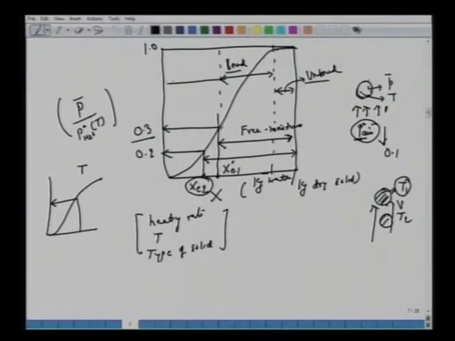So what is unbound moisture? Till you have the vapor pressure same as the vapor pressure of pure water. So this is a region where the solid surface is still filled with a very thin film of the liquid. So the water depletes, but only from the external surfaces. Till the end, at this range of moisture contents, you still have some amount of moisture.